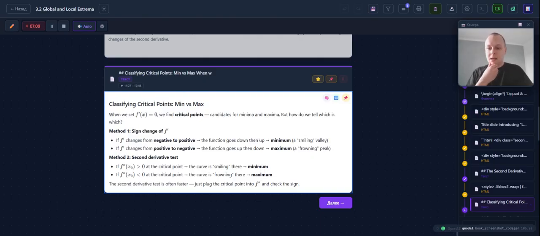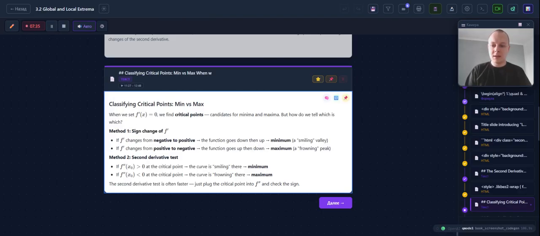Method one is the sign change of our derivative function. If our derivative changes from negative to positive, it means the function goes down then up, a minimum.